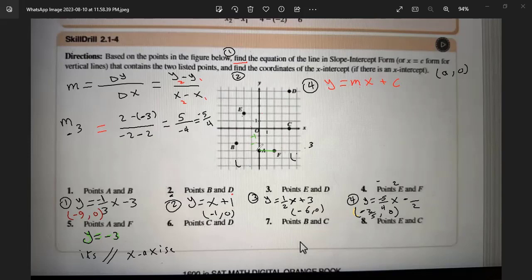Okay. A is (2, -3), and the other point also has y equal to -3. So what do we have now? The slope, which is very easy to calculate now.